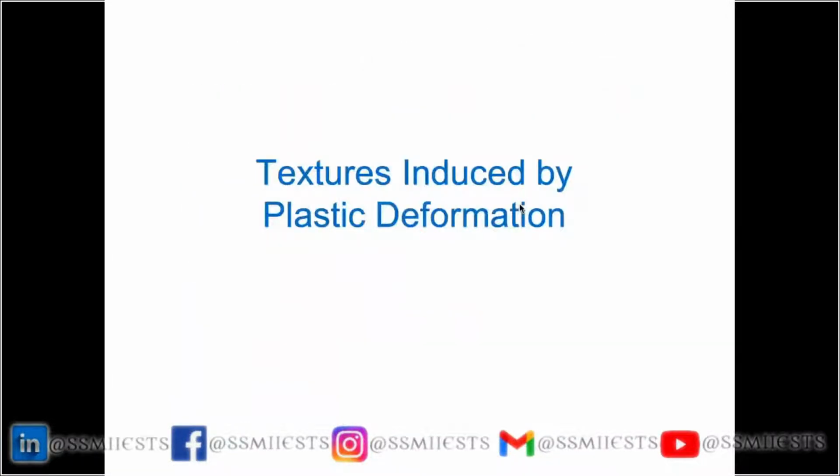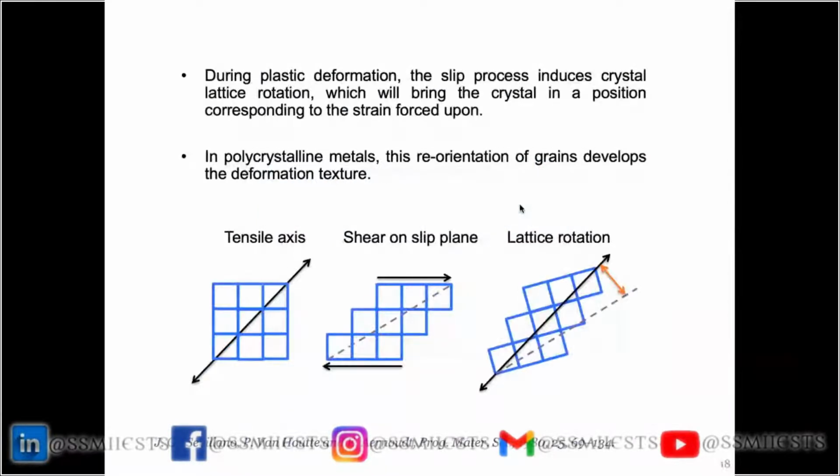So now I've spoken about phase transformation. Let's turn our attention now to plastic deformation. Probably you know this already, but I remind you that on the crystallographic level, all plastic deformation occurs by slip, either dislocation slip or twins.